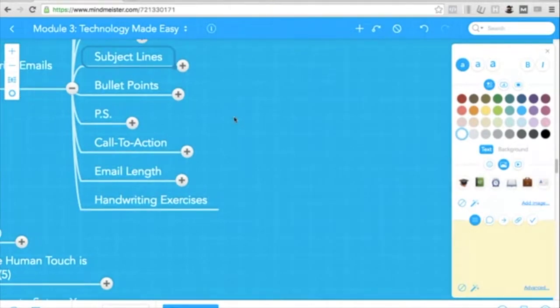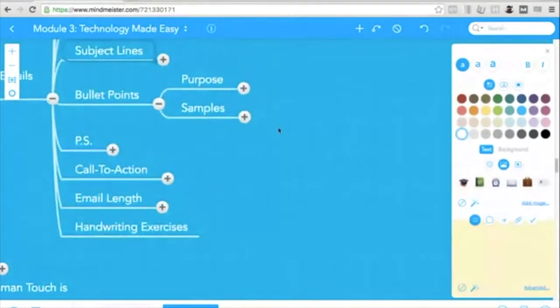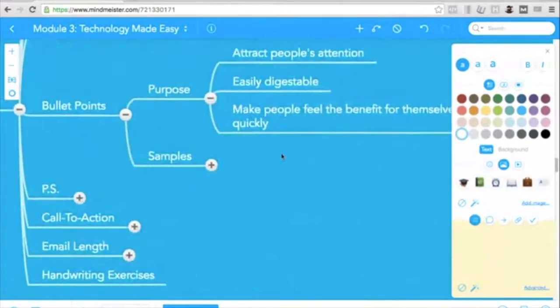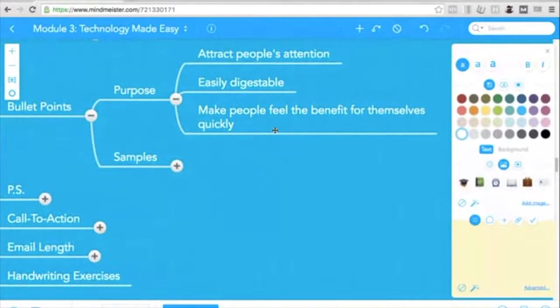Okay, great. So next, bullet points. Ang purpose ng bullet points is to attract people's attention. Kung napansin mo, if ang haba-haba ng email, malalaking blocks of text, parang minsan ang hirap basahin, makita mo lang, ayaw mo na basahin eh. So the purpose of bullet points is to break those kinds of blocks of lines, di ba?